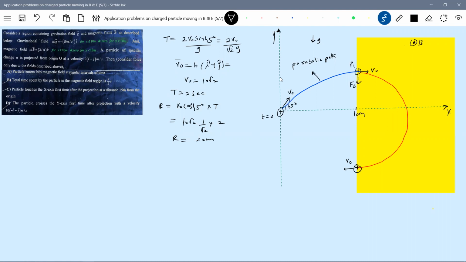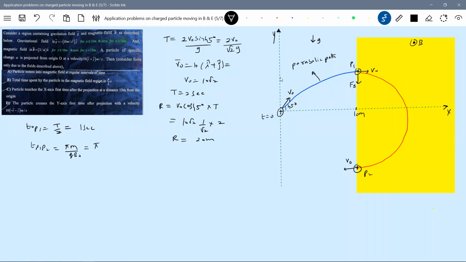Okay, we'll do one thing. We'll write P1, P2. The time taken to move from O to P1 is half of the time period, T by 2, which will be 1 second. What is the time taken to move from P1 to P2? The time period of revolution, pi m by q b0.